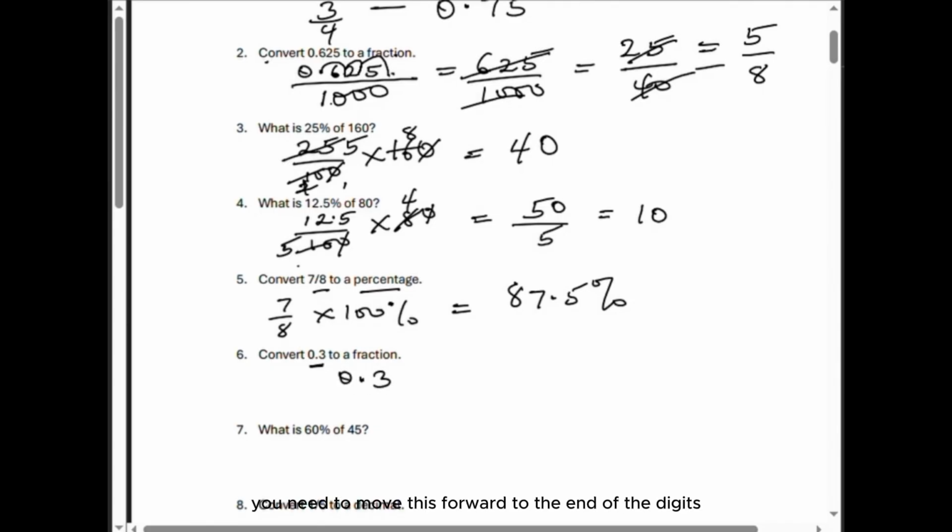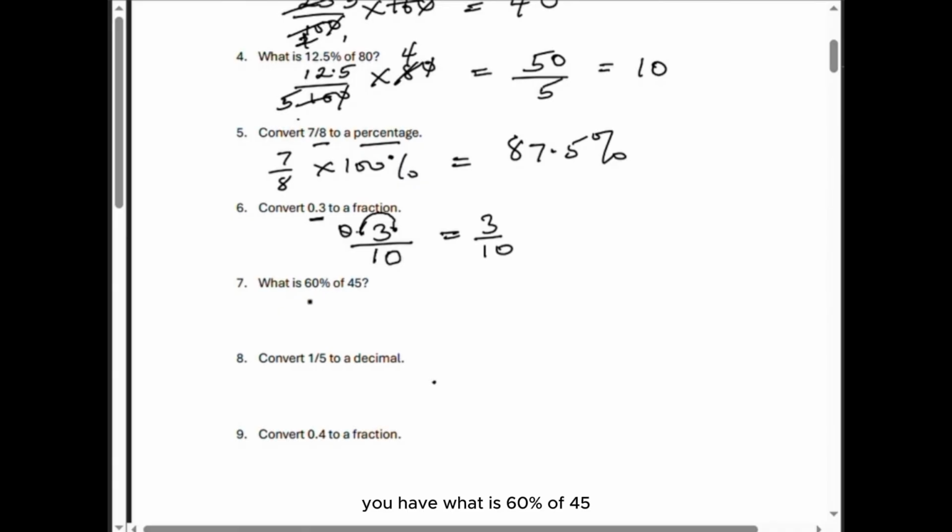You need to move this forward to the end of the digits. That's 1. You're only counting 1 time to the front, and that's 3 divided by 1, and just 1 zero counts forward, right? So you have 3 over 10.